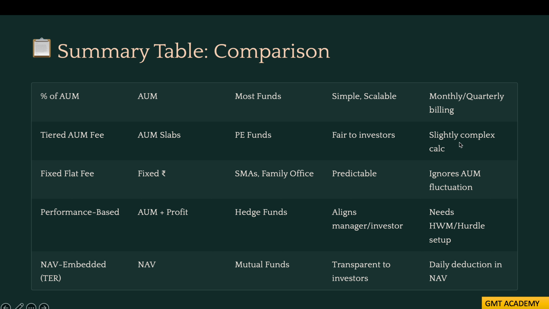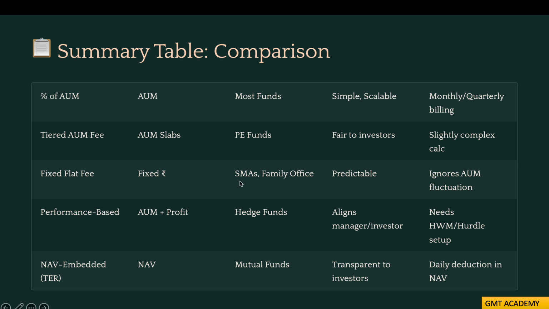Slightly complex calculation if there are many slabs in between. Okay, so the AUM percentage means percentage wise, like 2% is written in their LPA. So accordingly, most funds will use the same, simple and scalable. Monthly and quarterly billing will happen on this one.